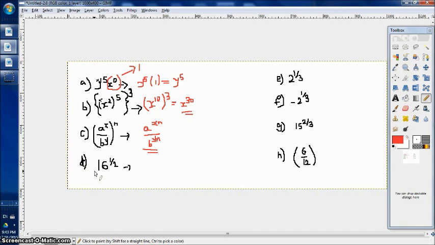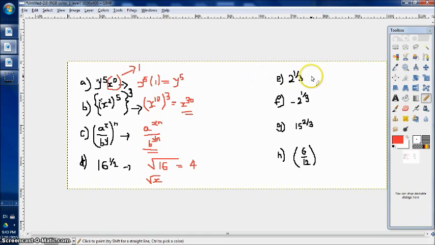So this is my final solution, because this tells me that this is basically x raised to 5 into 1 over y cubed, so this is x raised to 5 over y cubed. So this is my final solution.